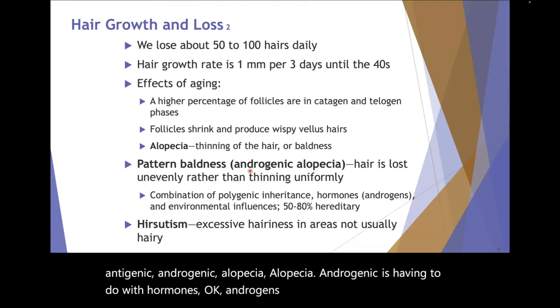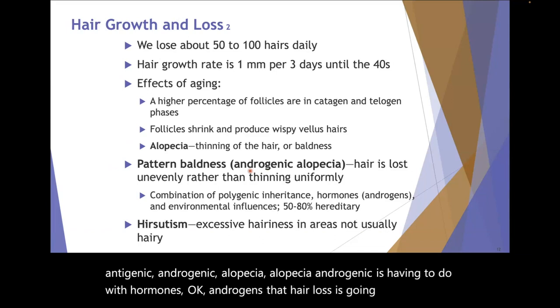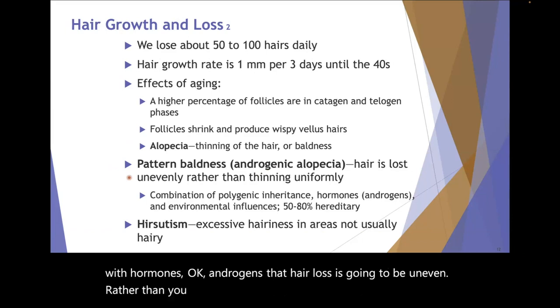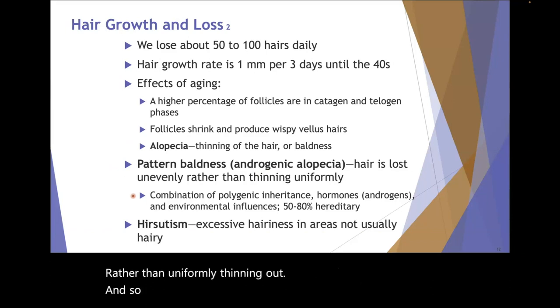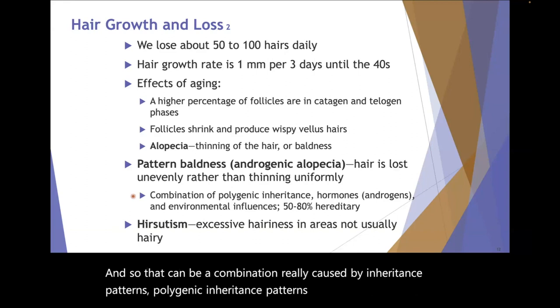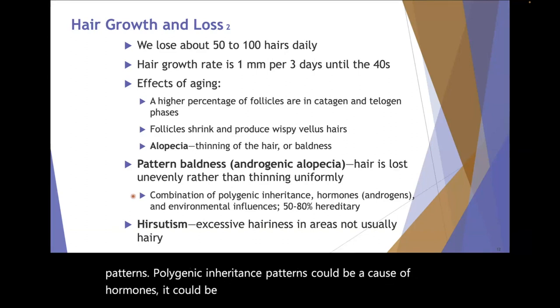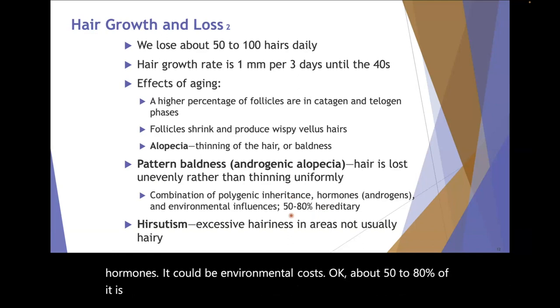That hair loss is going to be uneven rather than uniformly thinning out. It can be caused by inheritance patterns, polygenic inheritance patterns. It could be a cause of hormones. It could be an environmental cause, okay? About 50 to 80% of it is hereditary.